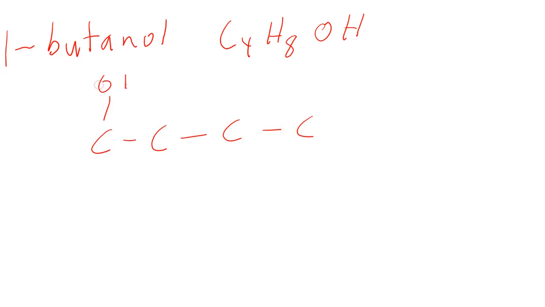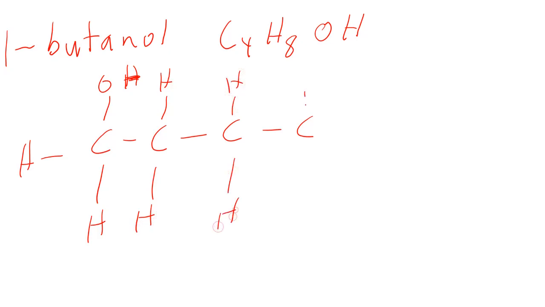And since this is 1, that means our OH group comes off of the first carbon, and then we're going to put hydrogens around the rest of the carbons. So that's the structure for 1-butanol. Go through and add up the molar mass of C4H8OH, and then tell me what intermolecular force or forces are present in 1-butanol.